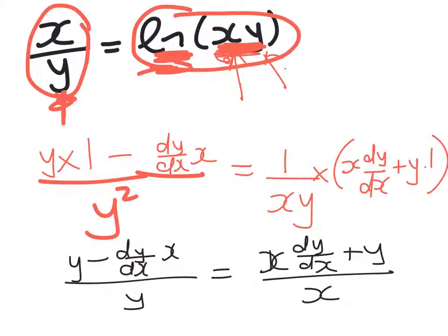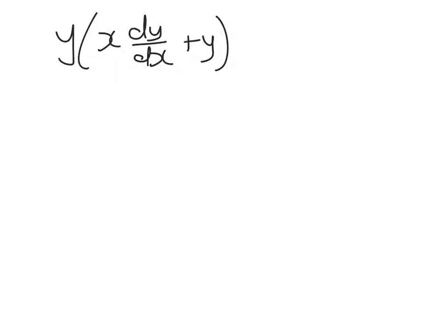All I have to do now is cross multiply and then clean up by collecting up terms with and without dy by dx. Okay, so let's do that now. We end up with y times x dy by dx plus y is equal to x times y minus x dy by dx.